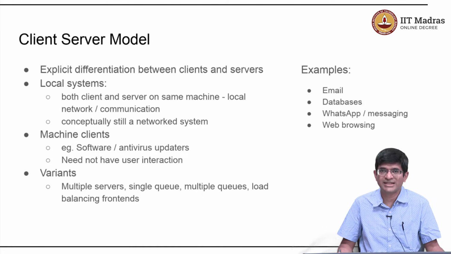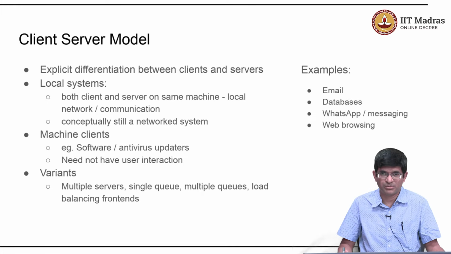You can think of it easily as a database server and a whole bunch of client applications that connect to it and read data from it. In that case, remember the client application is working on your behalf. It's not that you are directly connecting to the database. You may not even know what database is being used. But there is a part of the application that works on your behalf, connects to the server, pulls down the data and shows it to you.